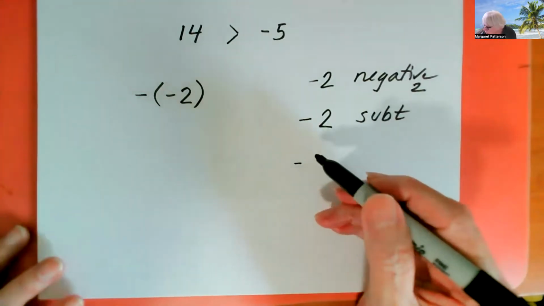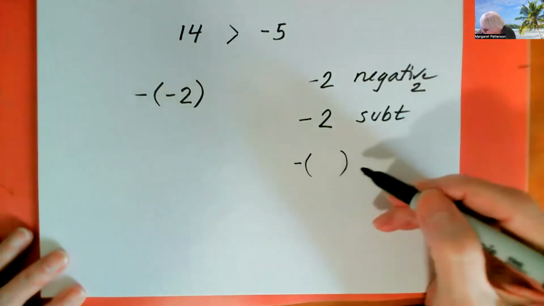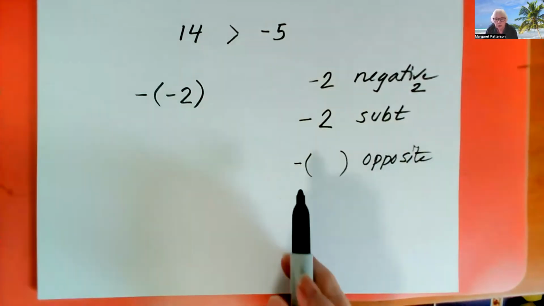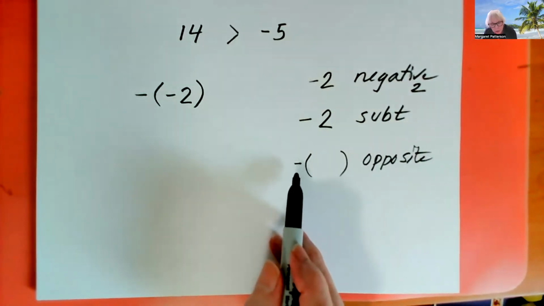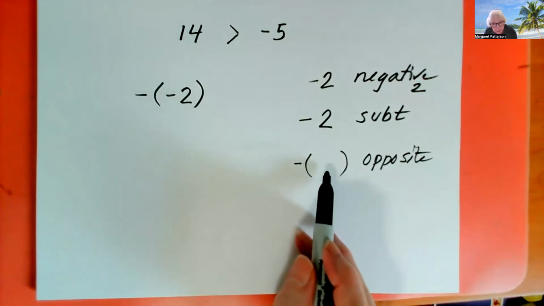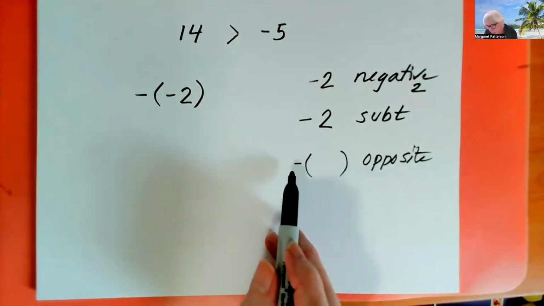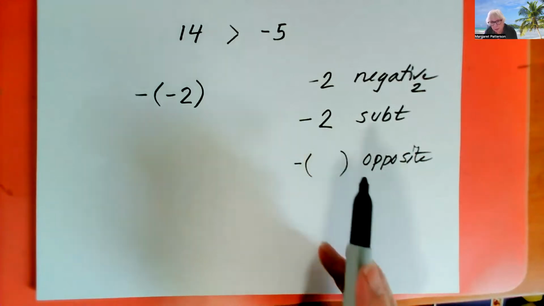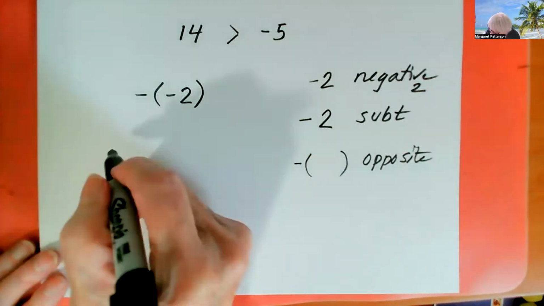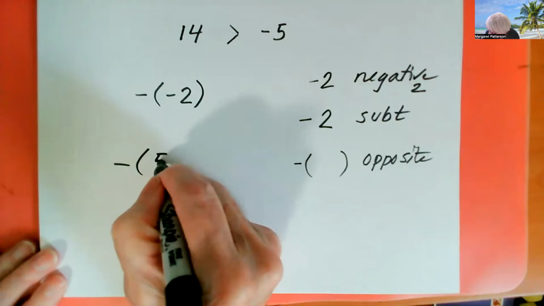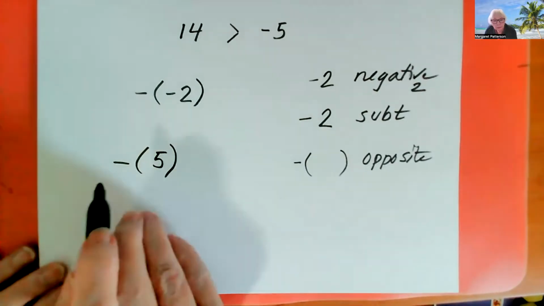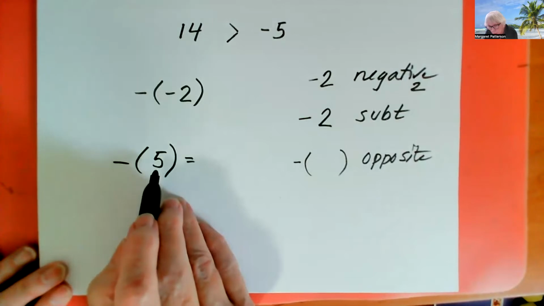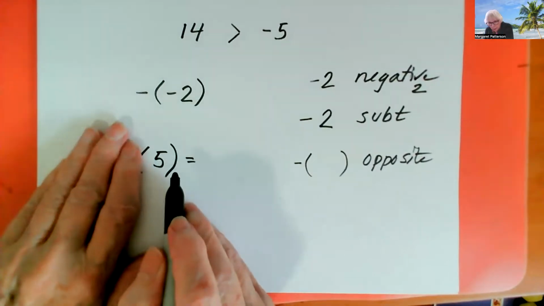Another way this is used is to mean the opposite. So for instance, if there's a negative sign like this in front of a number, you can interpret it as the opposite of something. So whatever this number is. So for instance, if it was the opposite of 5, you would have to say, this one's assumed to be positive. There's no sign there at the moment.